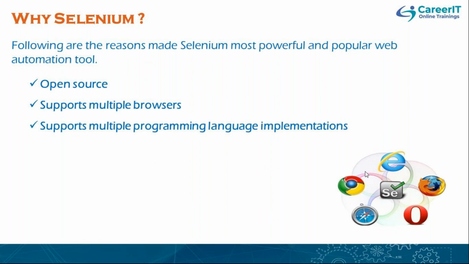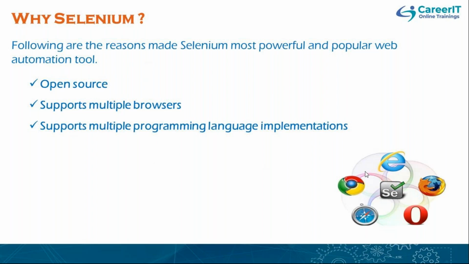Generally any automation tool supports only one programming language, guys. But here Selenium supports multiple programming languages, like Java, C sharp, that is nothing but .NET, Python, PHP, Ruby, Node.js. Almost 6 to 7 programming languages are supported by Selenium.